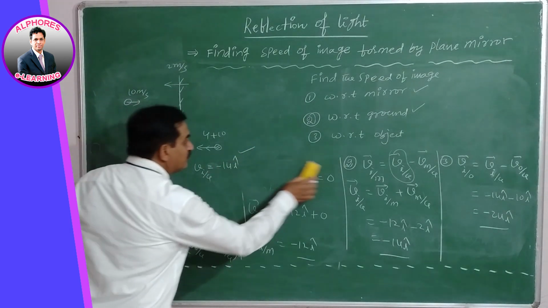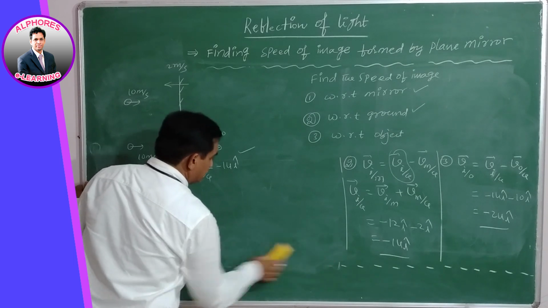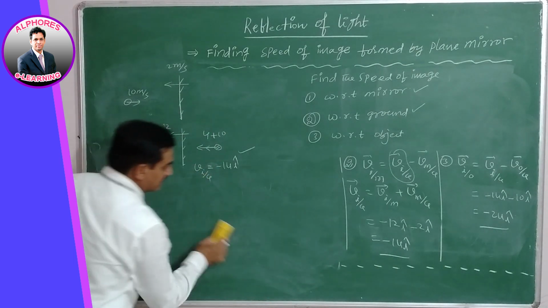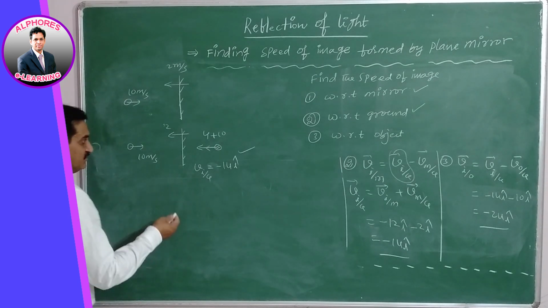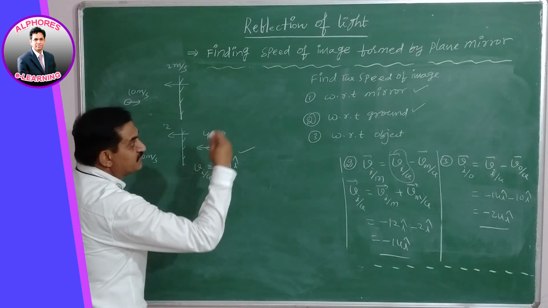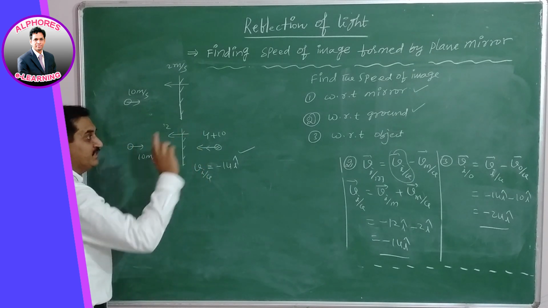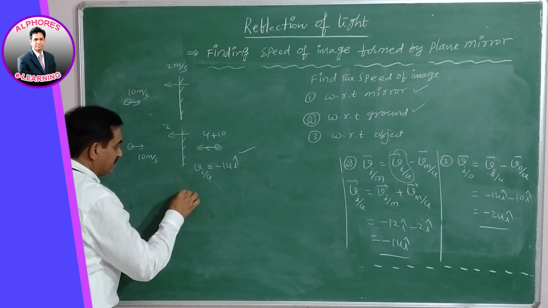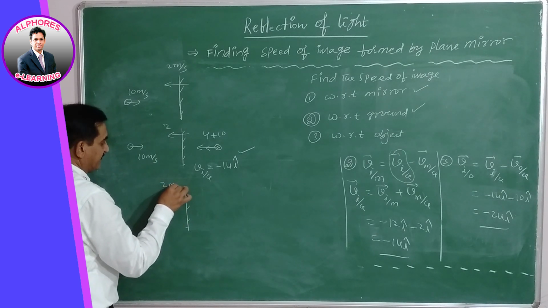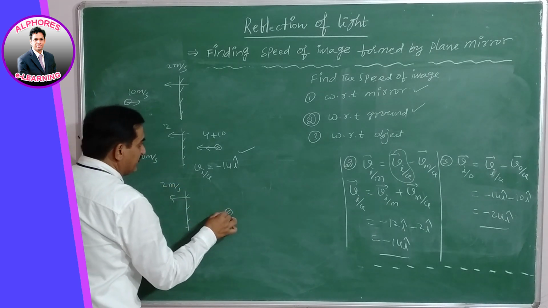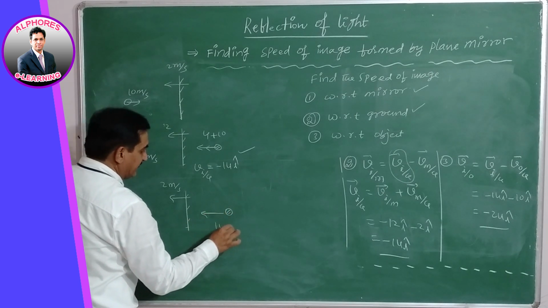Let's go for two more questions: with respect to mirror and with respect to object. With respect to mirror, the mirror is moving with a speed of 2 meter per second and the image is moving with a speed of 14 meter per second.